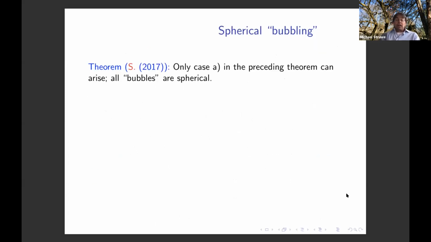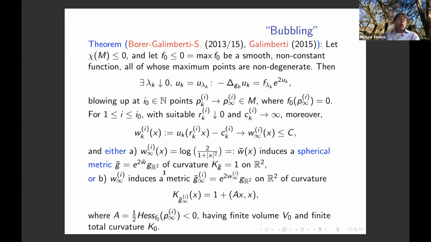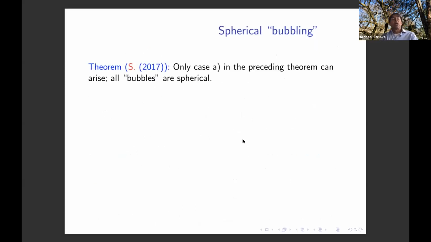Now, of course, you may wonder which of these cases happens. And in 2017, I was able to resolve this question by showing that all bubbles must be spherical. So only case A can occur in the preceding theorem.